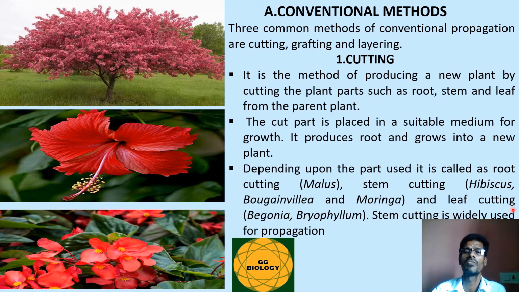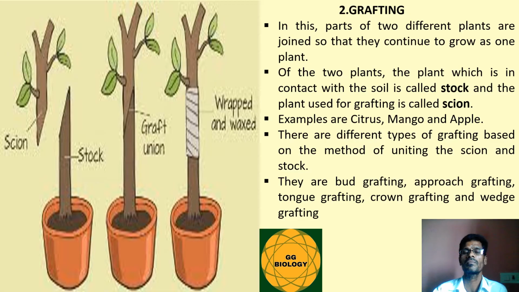And leaf cutting, as in the case of begonia and bryophyllum. It is the leaf region that develops into a new plant. The begonia plant is shown in this picture. Stem cutting is widely used for propagation, mostly in these three cases.